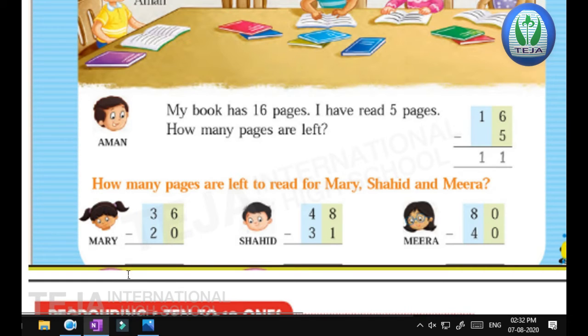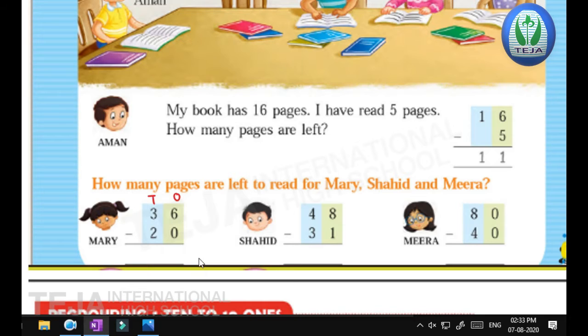Now we have to find how many pages are left to read. So what do we have to do? You should subtract the total number of pages minus the number of pages she read. So 36 minus 20. Before doing subtraction, let us write the place values, children. Ones, tens.